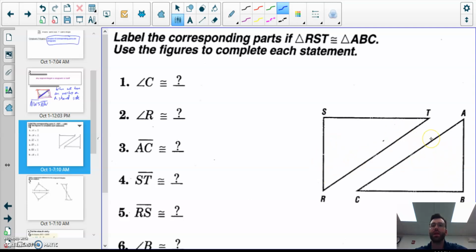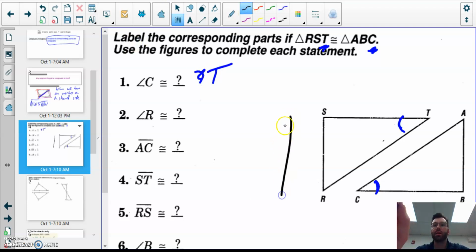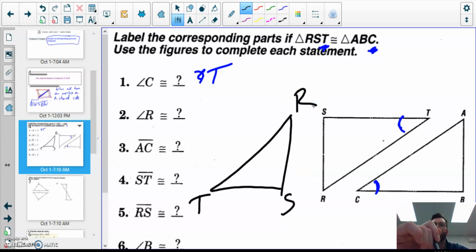If we say that these triangles are congruent, then angle C, which is our third letter, is going to be congruent to angle T because it's in that same corresponding part. If I were to flip this upside down the other way, it would look something like this. T would be there, S would be there, and R would be there. Sometimes it's helpful for people to spin their paper and do that. I just look at the order of the letters as they appear in our congruence statement.